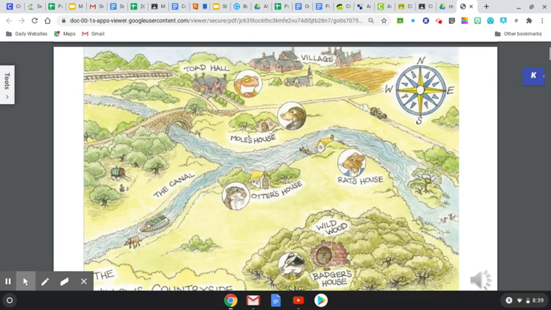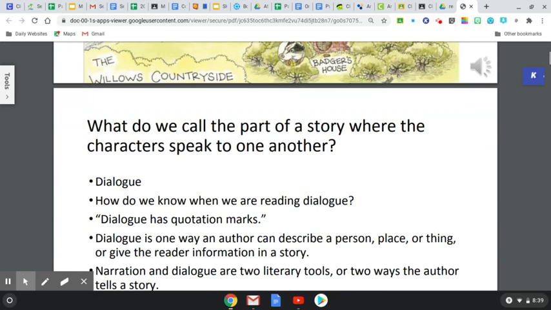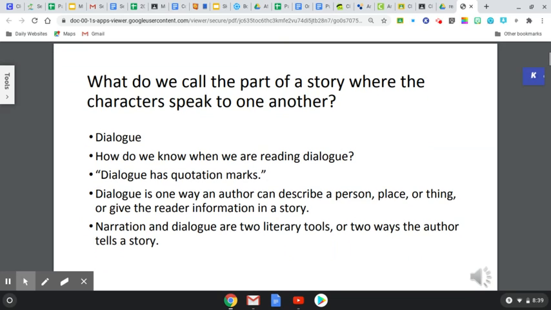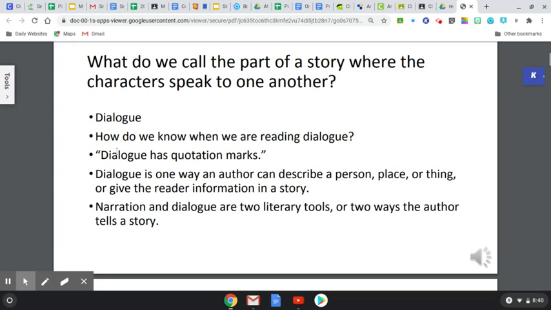So Mole learns from Rat about life on the river, and he learns this through speaking to Rat. And when we see the text, we see dialogue, right? Dialogue is when characters are speaking together. And we know it's dialogue because dialogue has quotation marks around it.